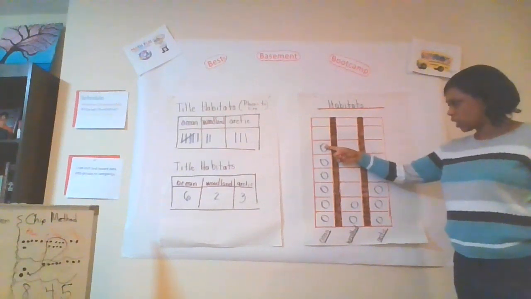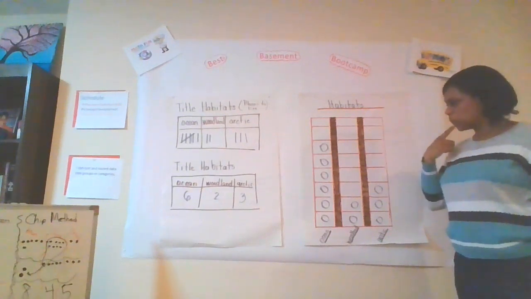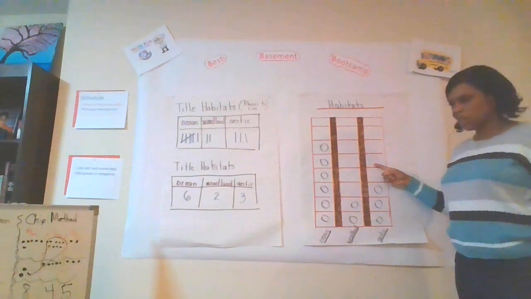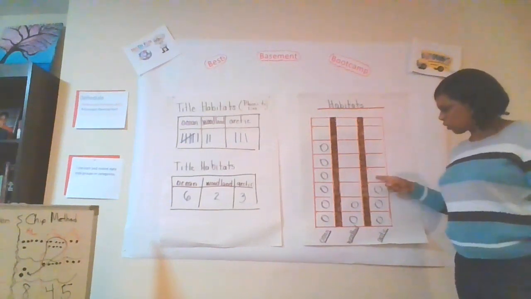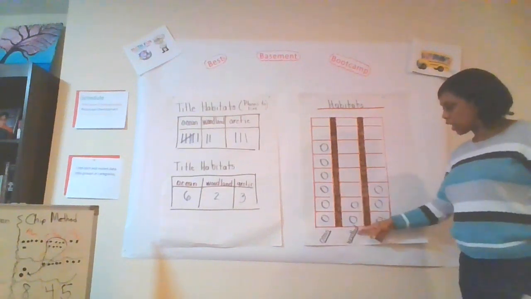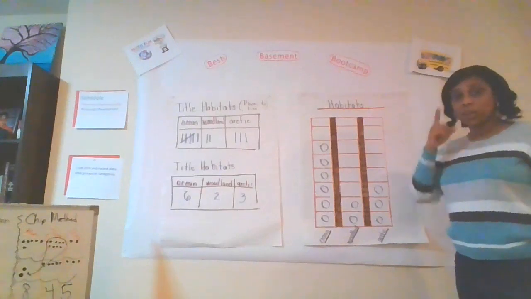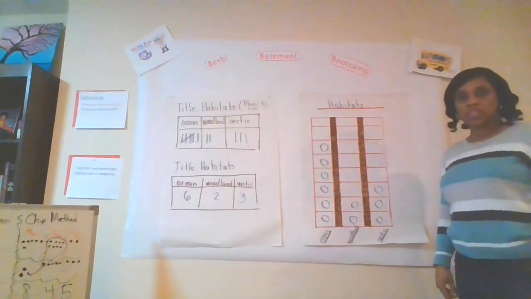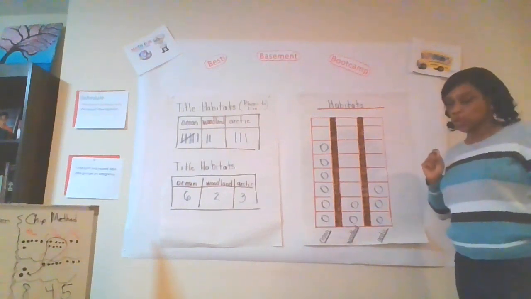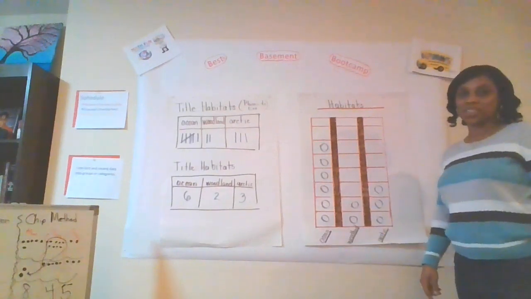Well, if I look over here and look over here, there's one that's missing here. If I look here and look over here, there's one that's missing here. If I look here and then look over here, there's one that's missing here. But then these are the same. So when it says fewer, I must have to subtract. If you said subtract, you're right. So I have 3 fewer animals that live in the Arctic than live in the ocean.